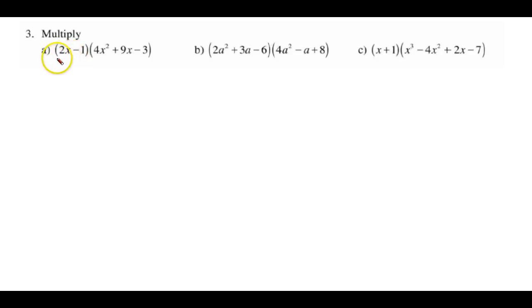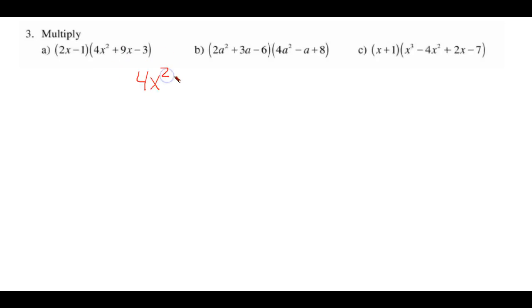So my suggestion, and you can still do it horizontally, my suggestion is that we set them up, all of these, vertically. So I've left a lot of room here. You're going to write this out on your other page. So let's set up this first one.